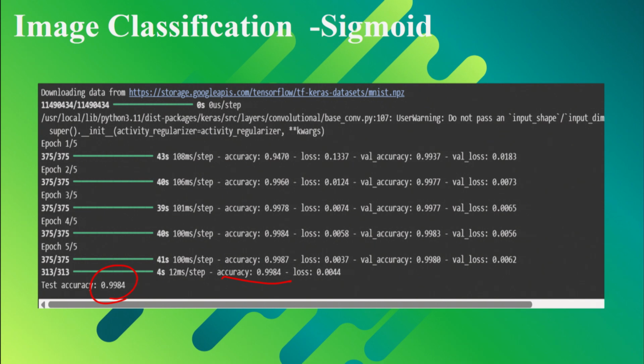How these images have been classified with this accuracy by applying the sigmoid function, we will discuss in depth in the next classes, but for the time being, this is the actual code showing how to apply sigmoid in deep learning image classification applications.